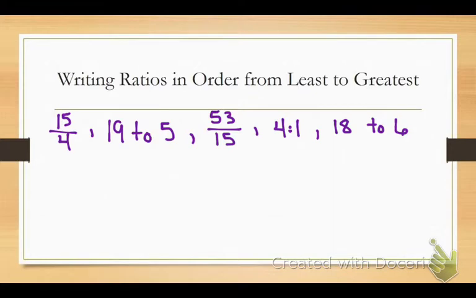15 divided by 4 equals what? 3.75 as a decimal.